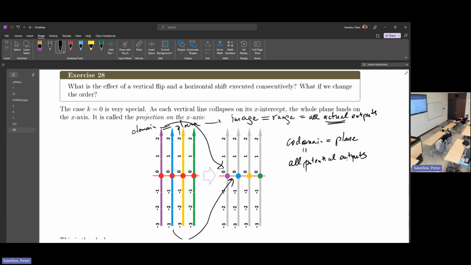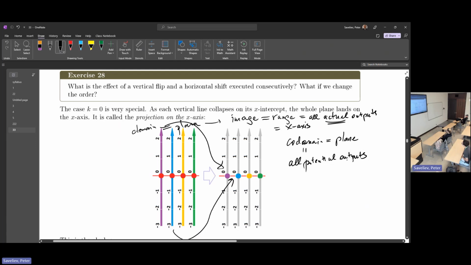The actual outputs are colored. Because every vertical line is not just shrunk, it is collapsed to a point, altogether the range, the image, is entirely the x-axis and nothing else. So that is very similar in a way to the collapse.